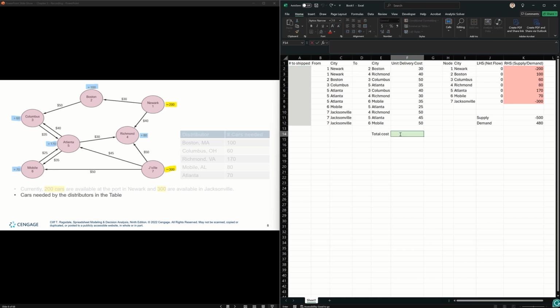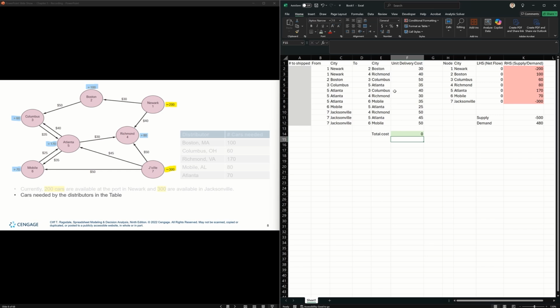So it's going to be this number times the corresponding cost of delivery, and then the next one and the next one, which reminds us of using sum product in this case. So we have all these quantities that should be multiplied and summed using the unit delivery cost for each corresponding route. And then we click OK and we get that.